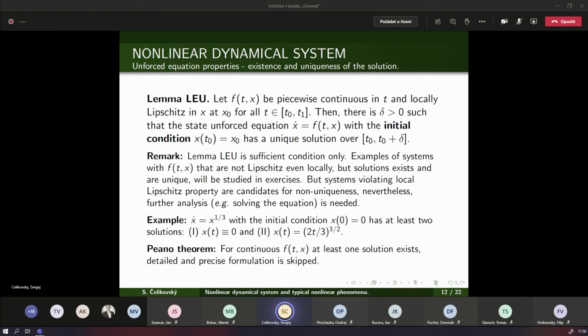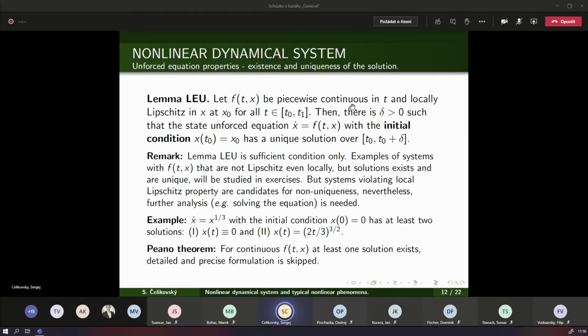Of course, we would like to have delta as big as possible because delta is, let's say, some future horizon in time where we know something about the system. If delta is small and we want to predict the future, then we predict only over a very short horizon, so it's almost useless.